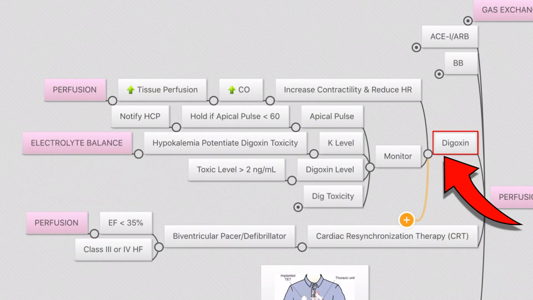You also want to monitor the potassium level, because hypokalemia can potentiate digoxin toxicity. And you want to monitor the digoxin level, and anything above 2 nanograms per milliliter is going to be toxic. So monitoring the digoxin level is important.